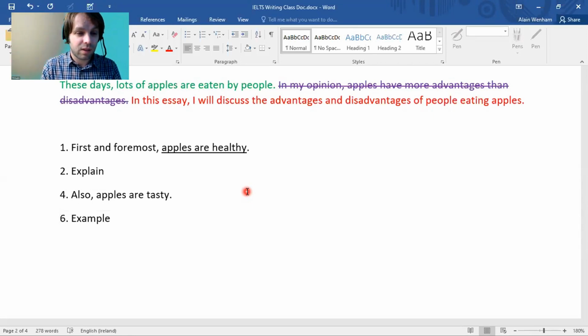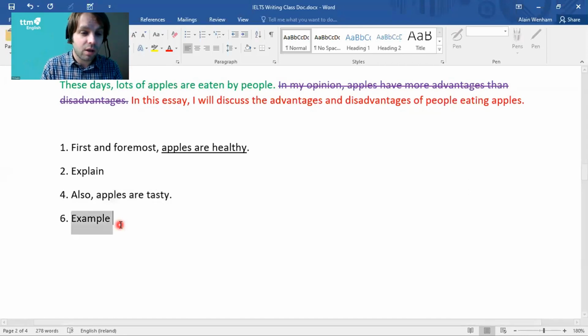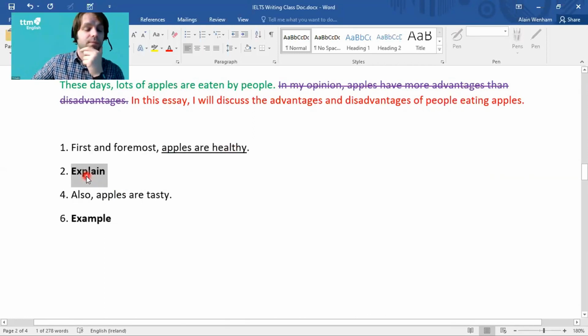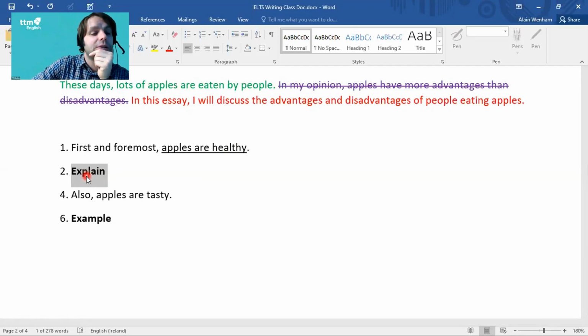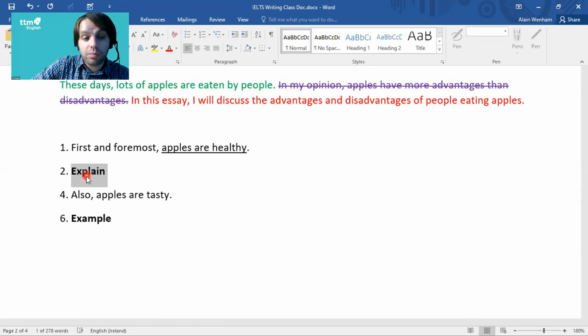Now, IELTS cannot say that you are not supporting this idea because you have an example supporting that idea, and IELTS cannot say that you are not supporting this idea because you have an explanation. Does that make sense to you guys? So that would be enough. We're going to go for four sentences. This is my solution to the problem.